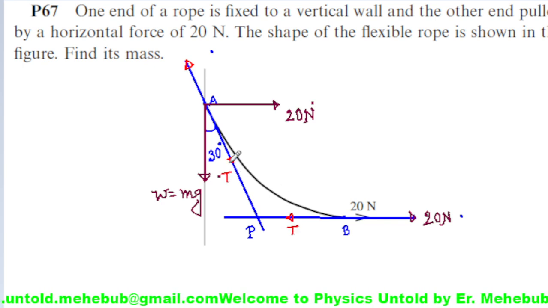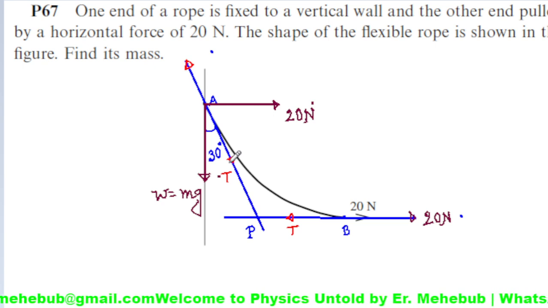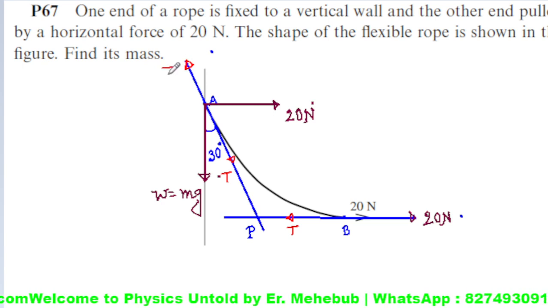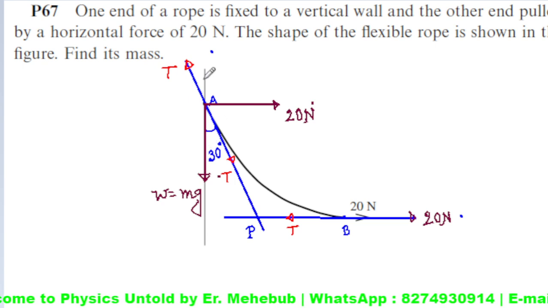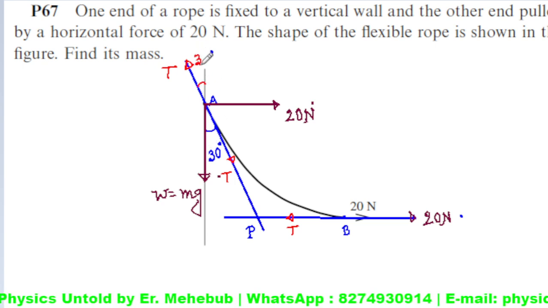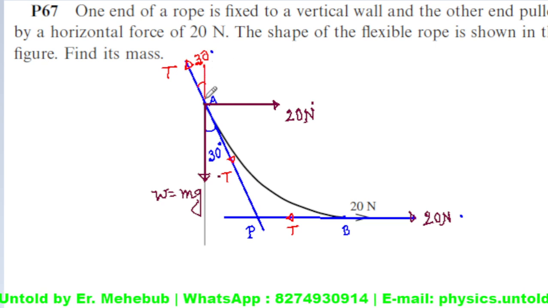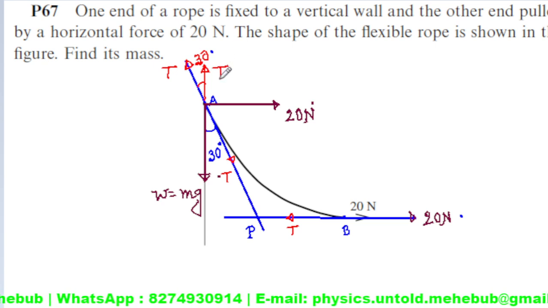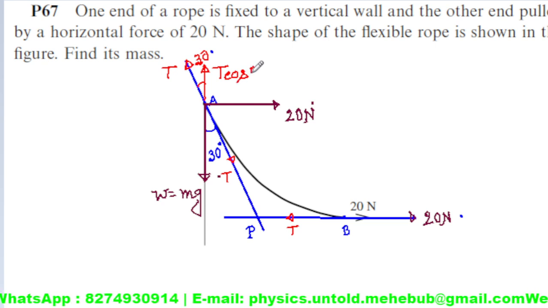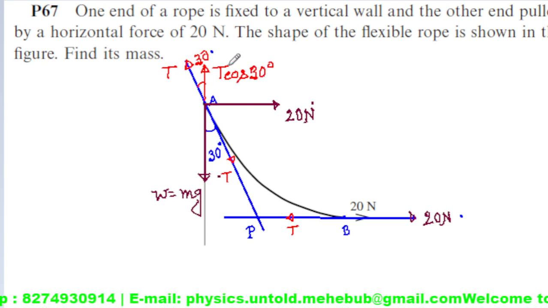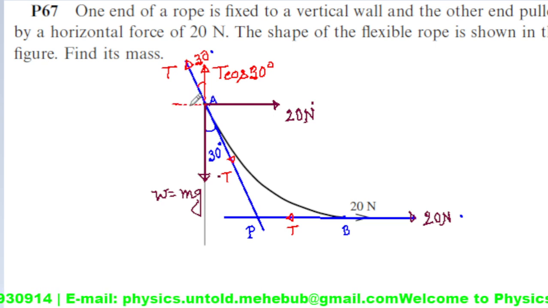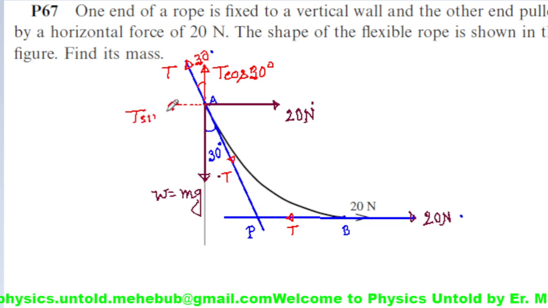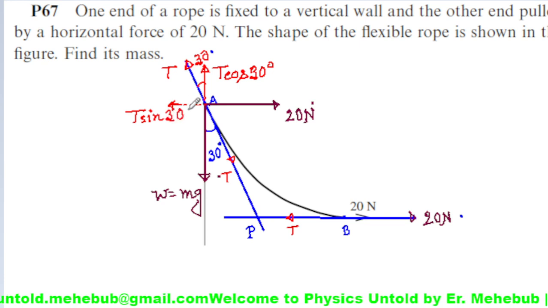If we divide the tension force into components, if this angle is 30 degrees, then this angle is again 30 degrees, and the vertical component of the tension force must be equal to T cos 30 degrees, and the horizontal component of the tension force should be equal to T sin 30 degrees.